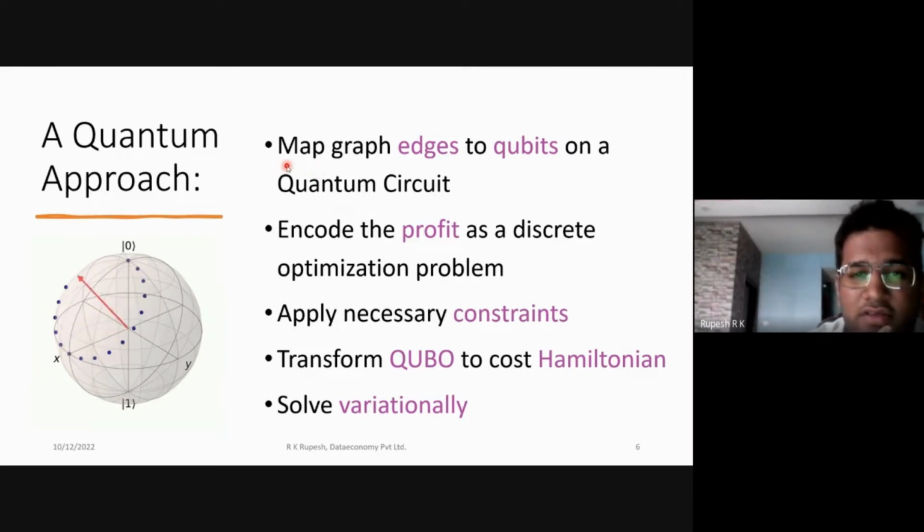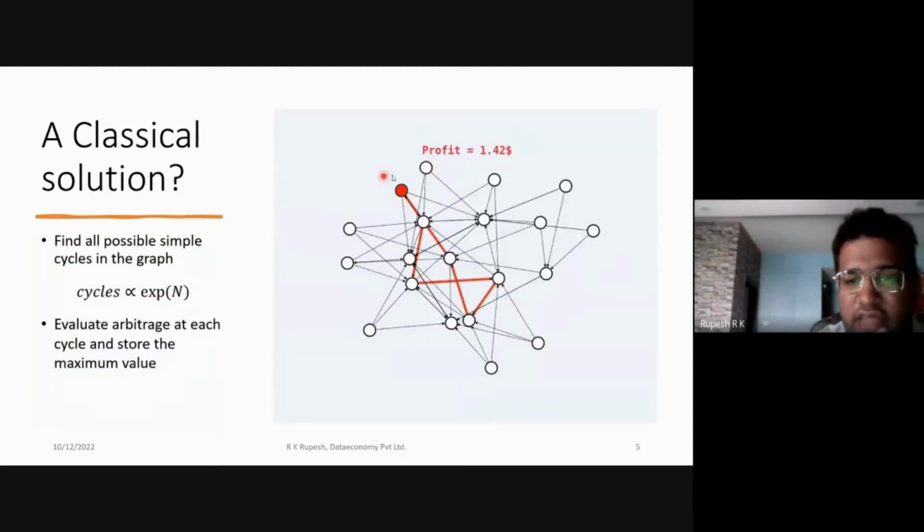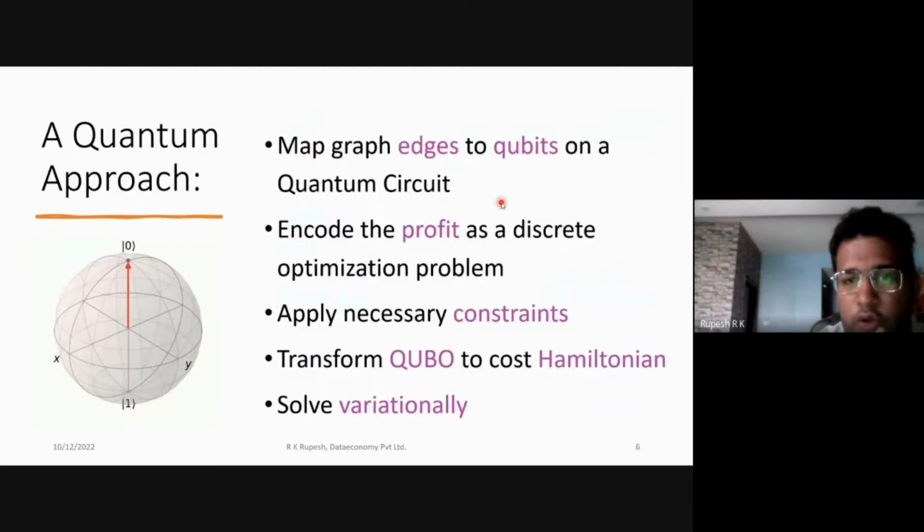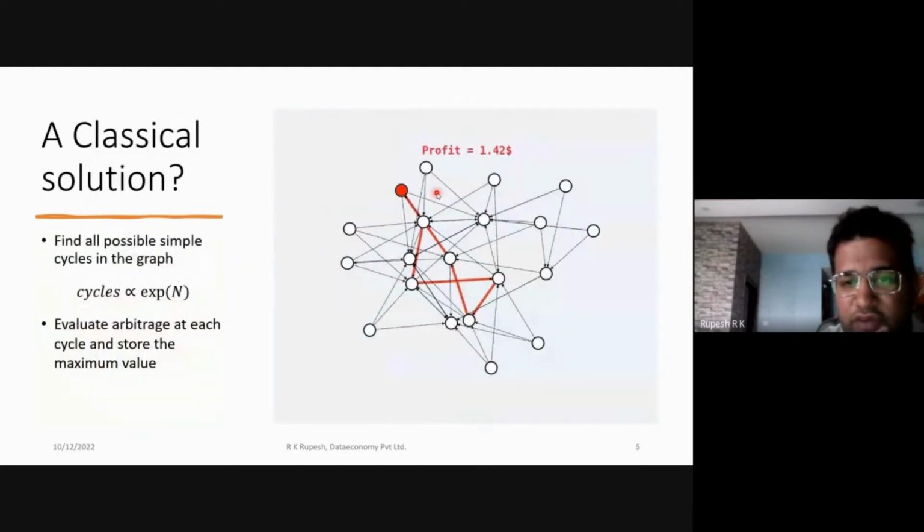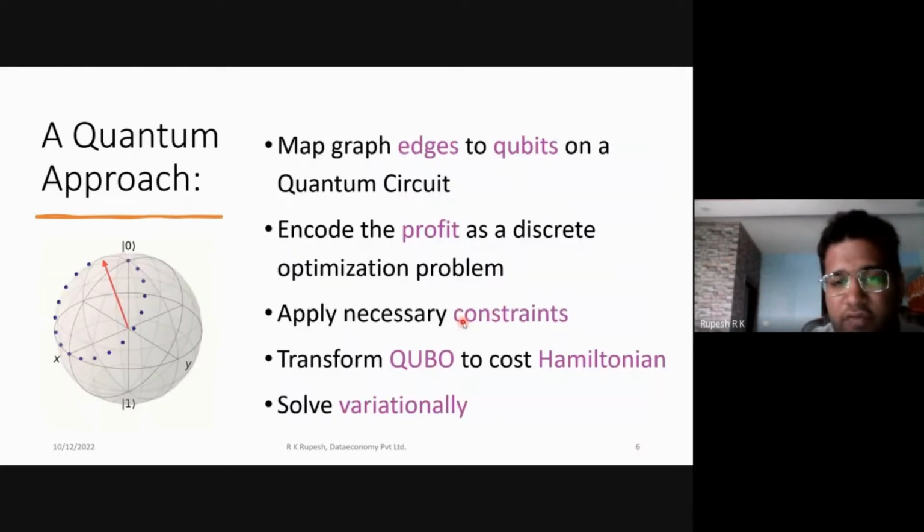Anyway, what we do is we map each of the edges between currencies to a qubit, and we create a quantum circuit like that. For each possible edge, which is basically the number of currency conversion rates that we have, we have a qubit associated to it, and then we have to somehow encode the net profit that we can get from this system as an optimization problem and apply whatever constraints are necessary.